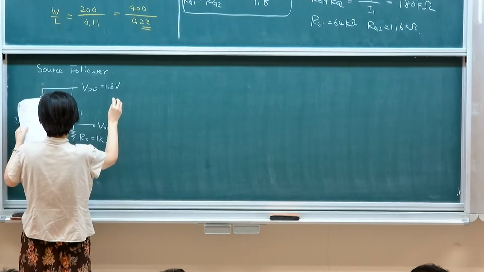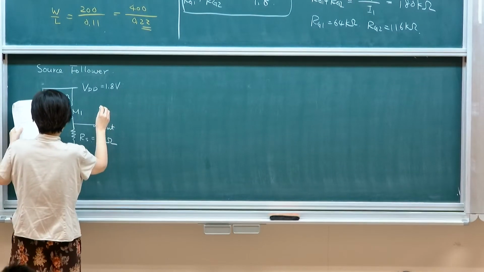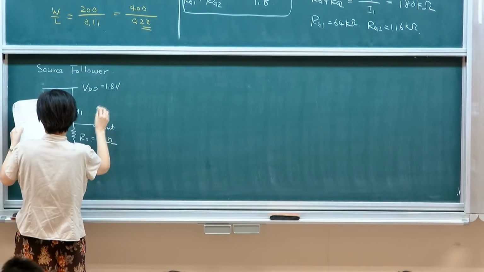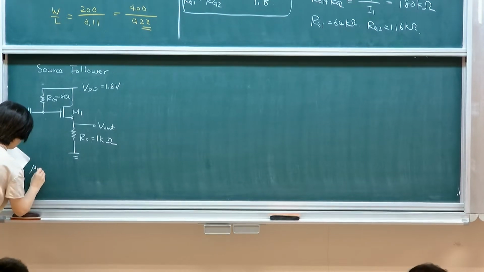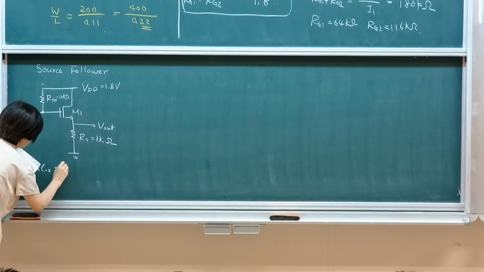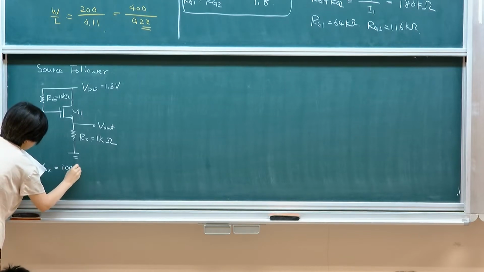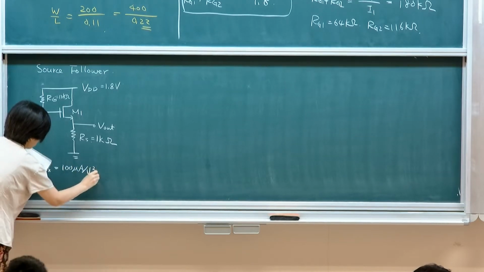Let me see what the parameters are. We're going to give you the threshold. Okay, once again, mu and Cox. I'm going to use the same mu and Cox, which is 100 microamp per volt square.